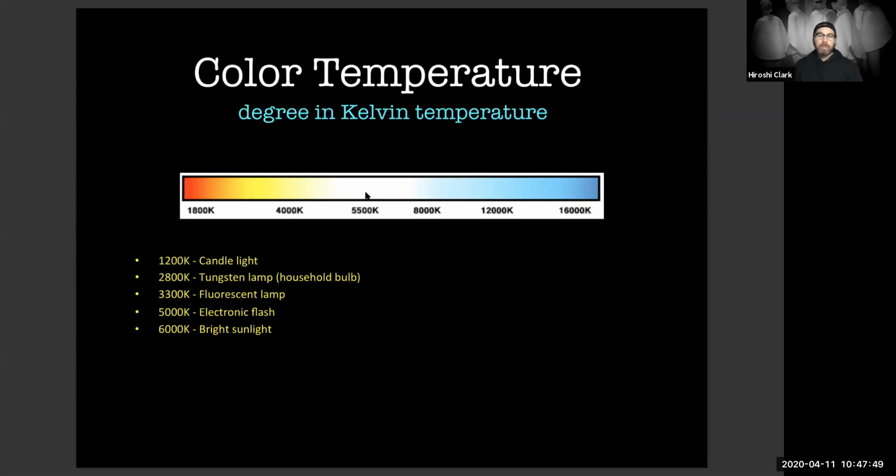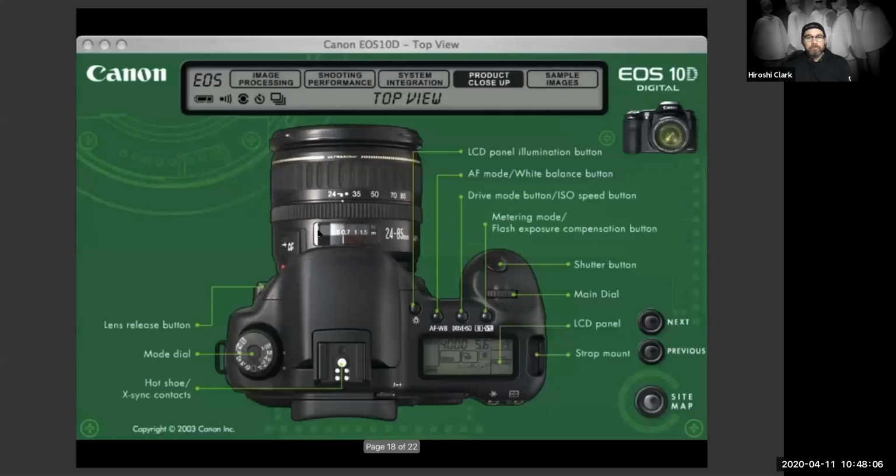Like you'll see down here, electronic flash and bright sunlight are 5,000, 6,000 Kelvin, somewhere in there. Fluorescent lamps are 3,300 Kelvin, and so on and so forth. So that's probably what that is, but I can't be sure. Okay.